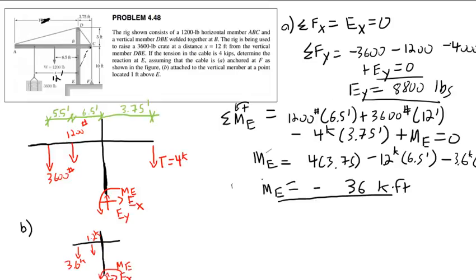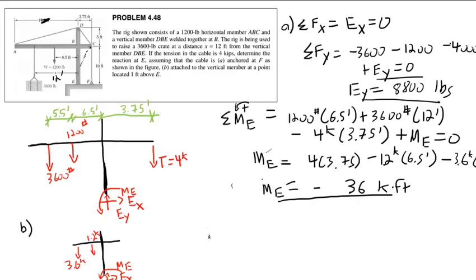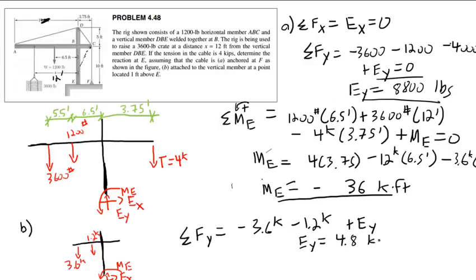It's basically the exact same thing as this one, except the tension force here disappears. So for the sum of forces, I'm going to neglect the X, it's obviously 0. The sum of forces in the Y direction is negative 3.6 kips minus 1.2 kips plus EY. So EY will be 4.8 kips.